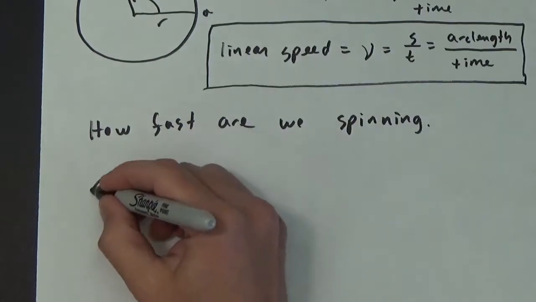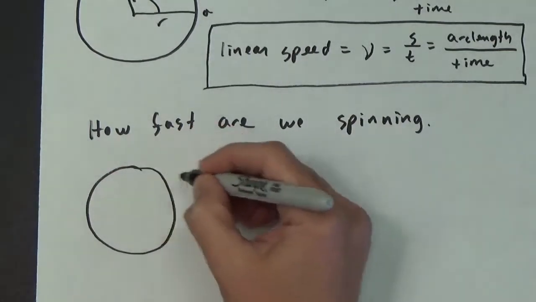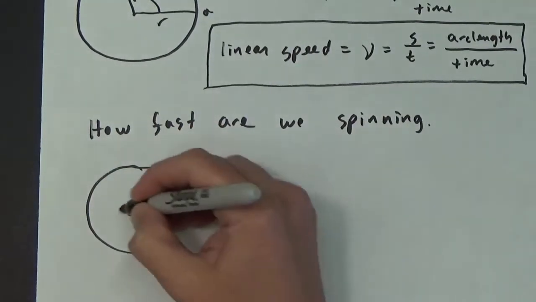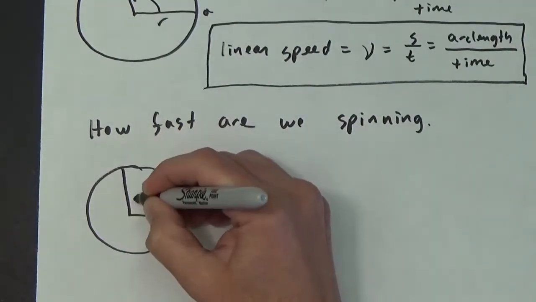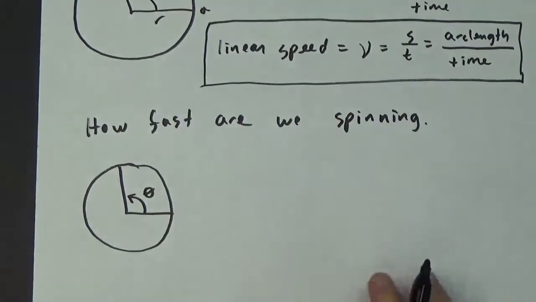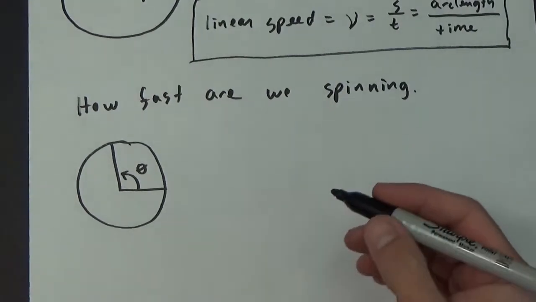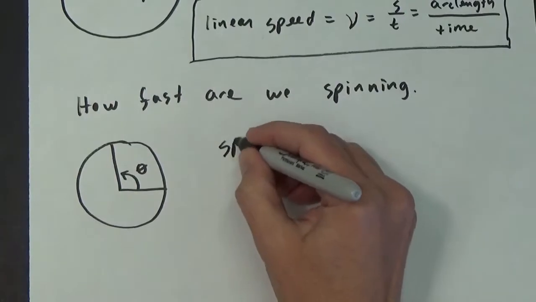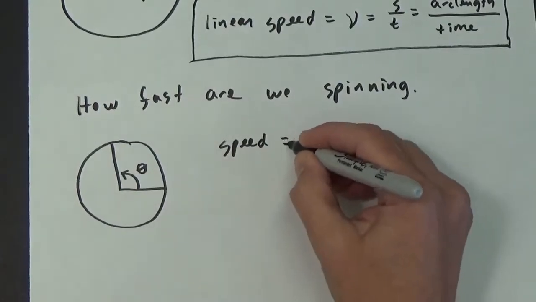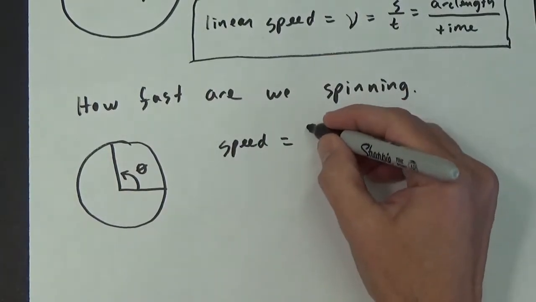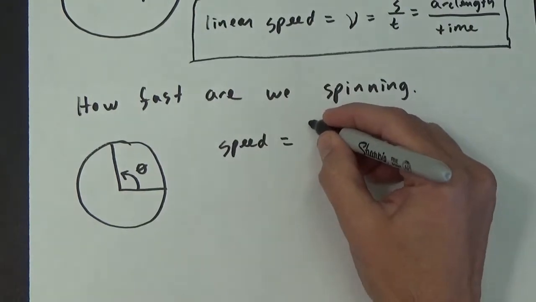So if we have a circle again, and let's say we are here, we go there, and we spin theta radians. All right, so in this case, instead of saying we're going a certain distance over time, our speed is going to be angle measure over time.